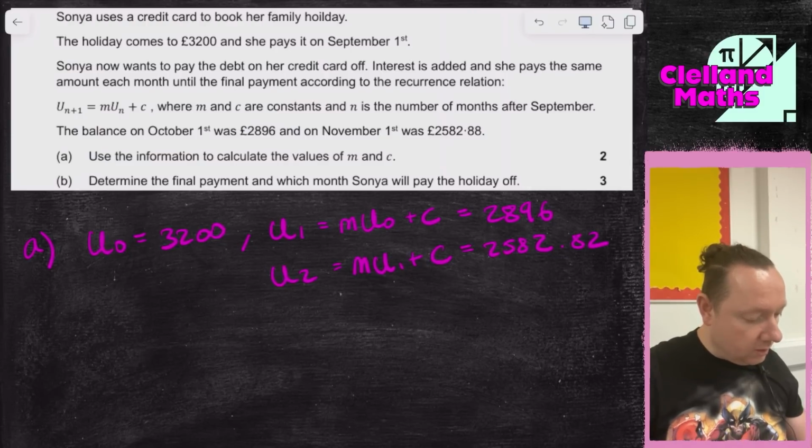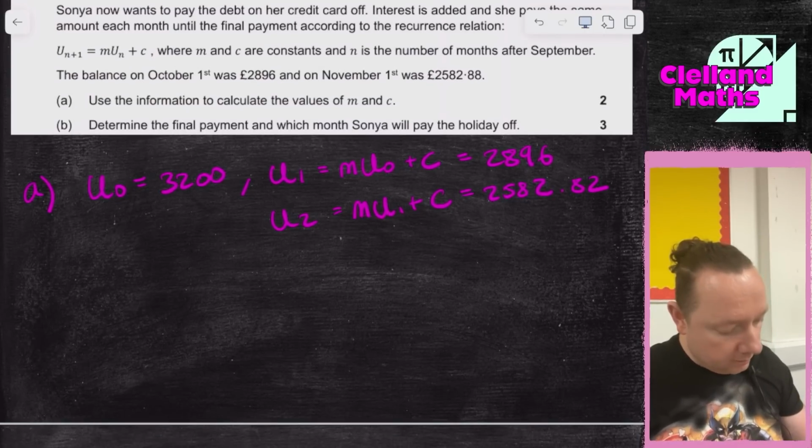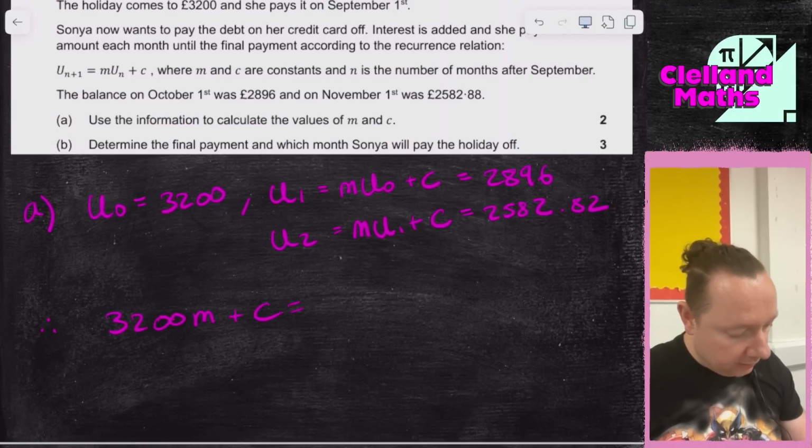So we've now got two simultaneous equations. So let's put in some of the numbers that we've got. So U1 equals M U0. Well, U0 is 3200. So we've got 3200 M plus C equals 2896.